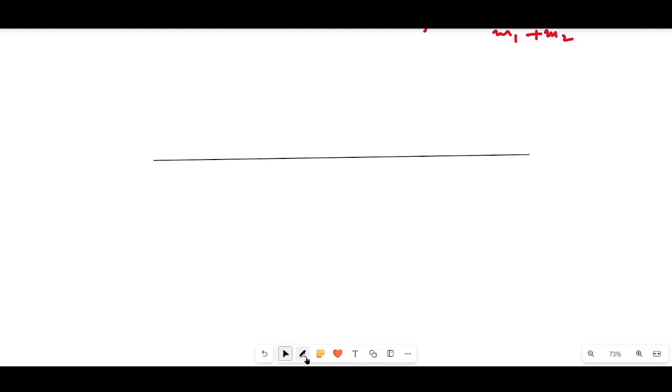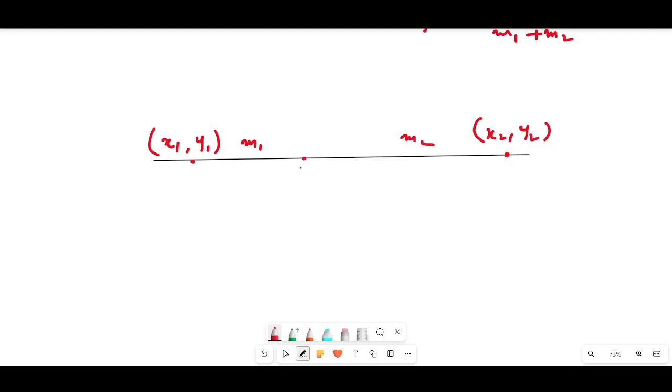And if we write here 2 points, first one is x1 y1 and second one is x2 y2. This is the first point, this is the second point. Here suppose this is another point which divides in ratio m1 and m2, and the coordinate of this is x y. Then what will be the coordinate of x y in reference of m1 m2 and x1 y1 x2 y2?